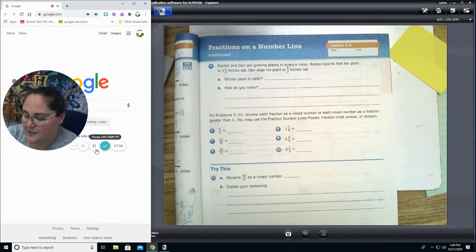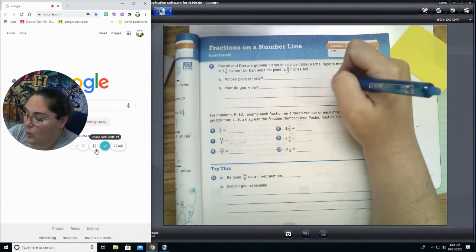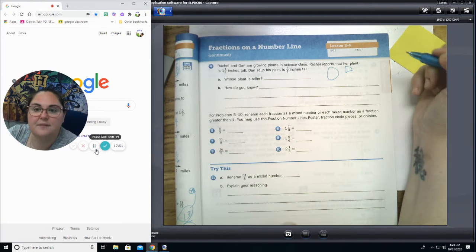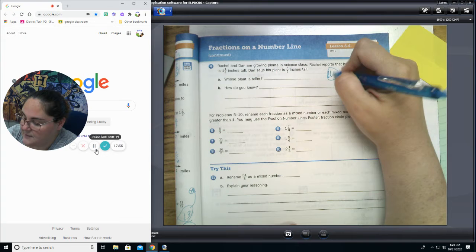All right, Rachel and Dan are growing plants in a science class. Rachel reports that her plant is 1 1/4 inches tall. Dan says that his plant is 5/2 of an inch tall. All right, so 1 1/4. So here's 1, here's 1/4. So this is Rachel, and Rachel's is going to be blue.